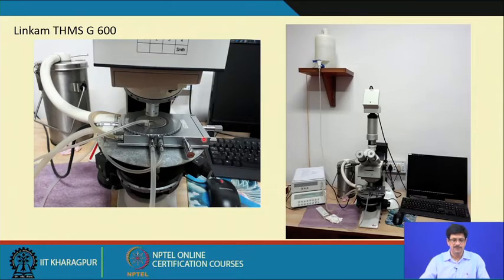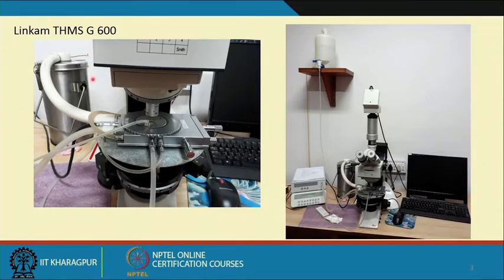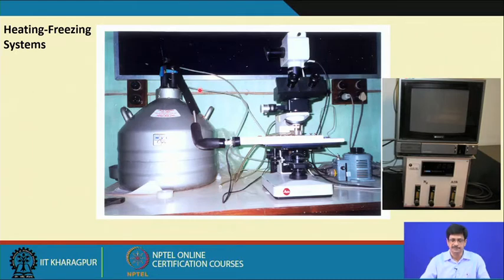The other one which is also quite popular is the Linkam THMS G600 microscope heating and cooling stage. The Reynolds stage works in a range starting from minus 196 degrees Celsius, the temperature at which nitrogen boils at atmospheric pressure, about 77 Kelvin.